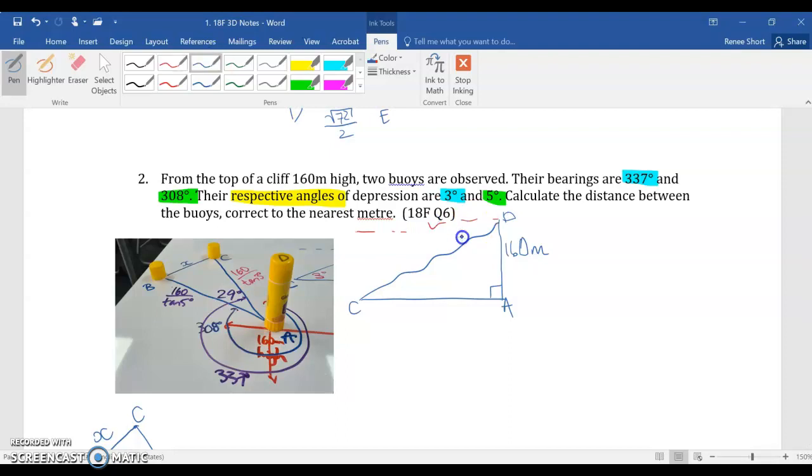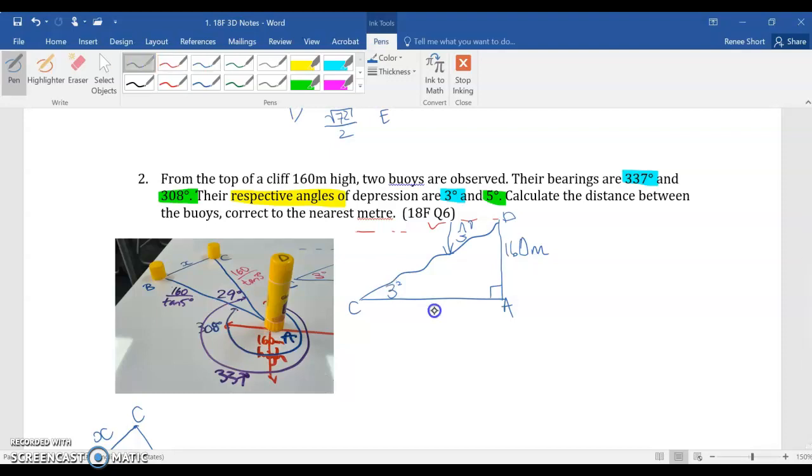We know that angles of depression get measured from the horizon down to the line of sight. So this one here will be 3 degrees. And that means that this alternate angle down here is also 3 degrees.